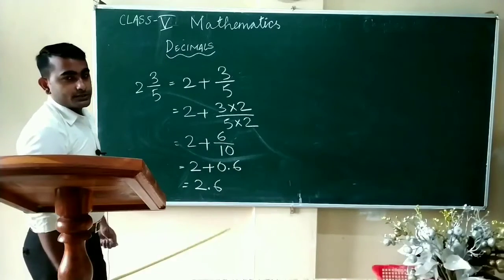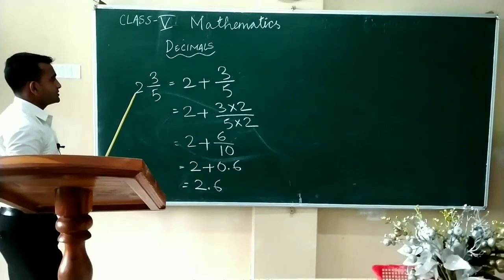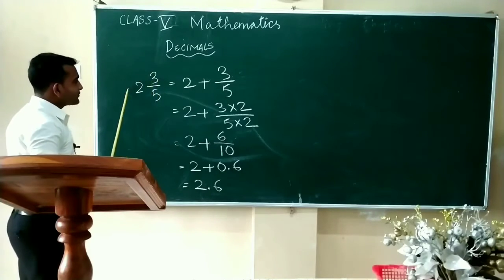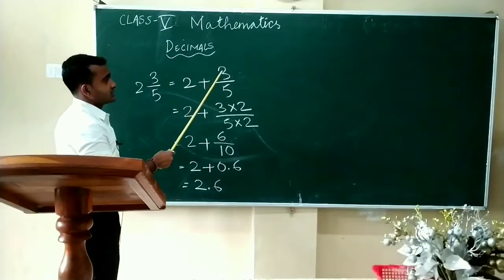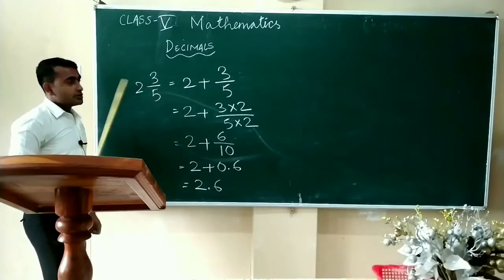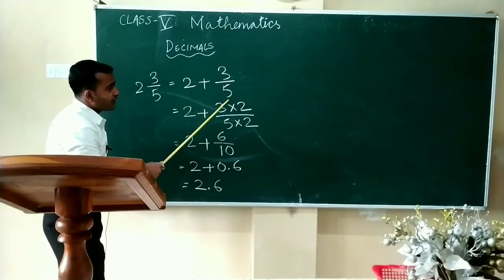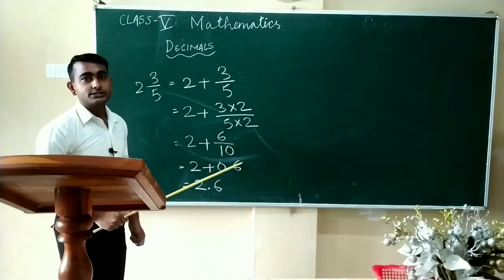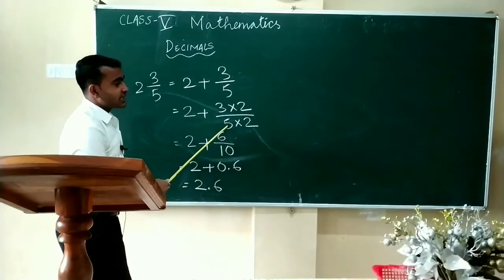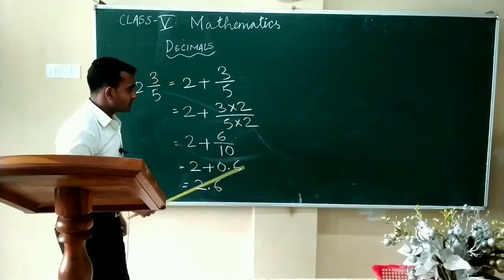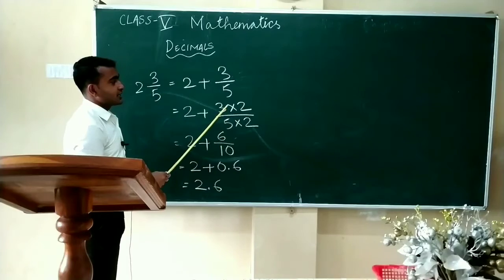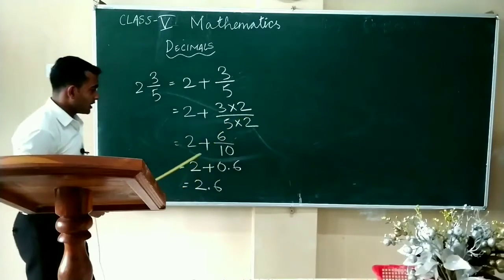Clear? Similarly, the mixed fraction 2 3 by 5 can be written as 2 plus 3 by 5. Now you have to make this denominator equal to 10. So 5 times how many equals 10? 2 times. So 5 into 2 and 3 into 2.